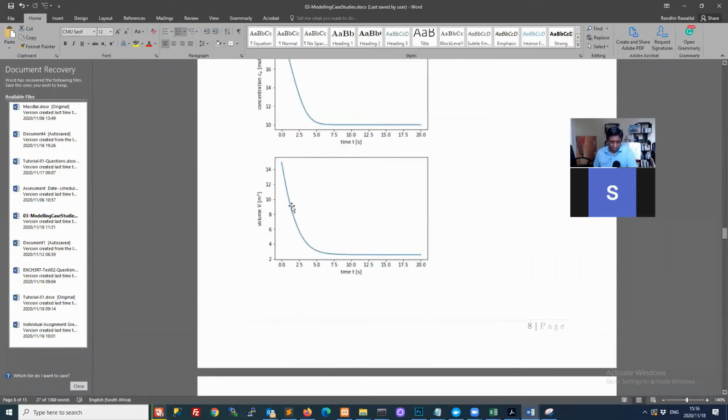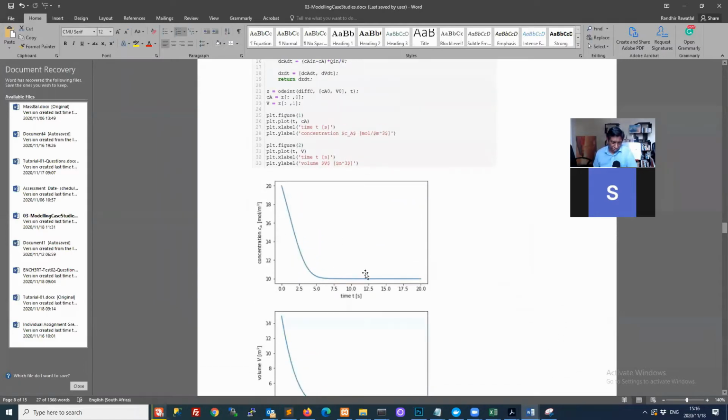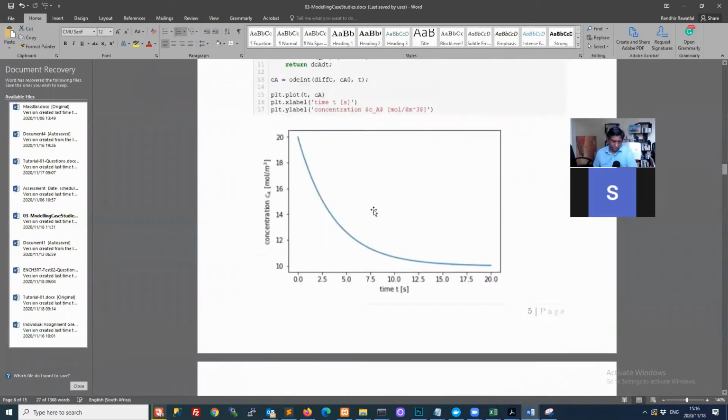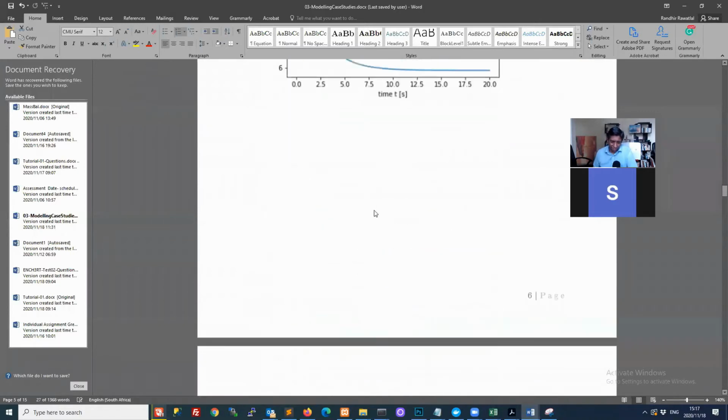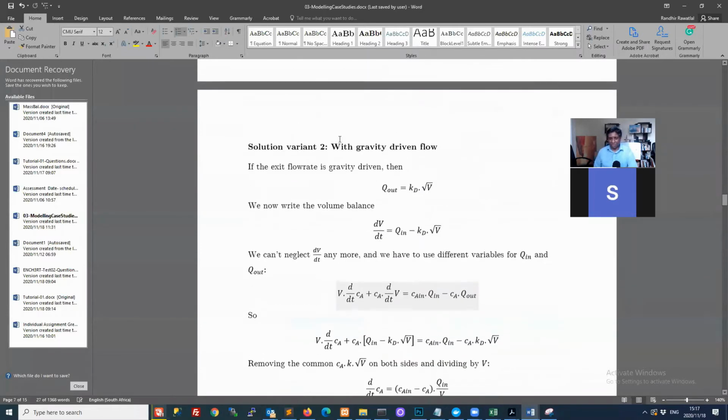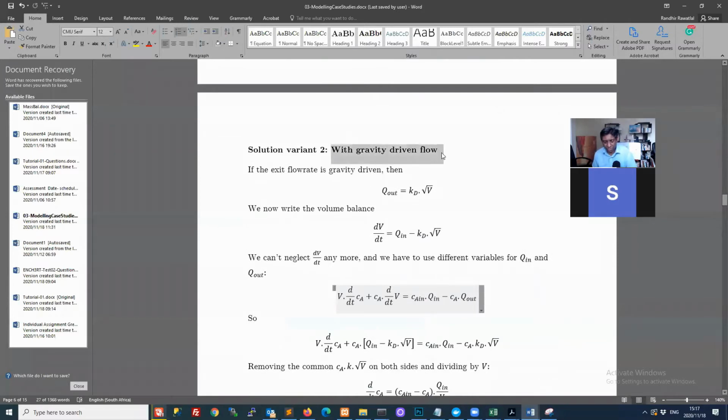So you can see the volume drains. This was a high volume initially, and then it reaches its steady state value at that number, and then the concentration changes, and you get a different concentration compared with the first case. The first case had, well, actually it's close to, but it's just a coincidence. It's not exactly the same there, but it changes when you incorporate that kind of variant.